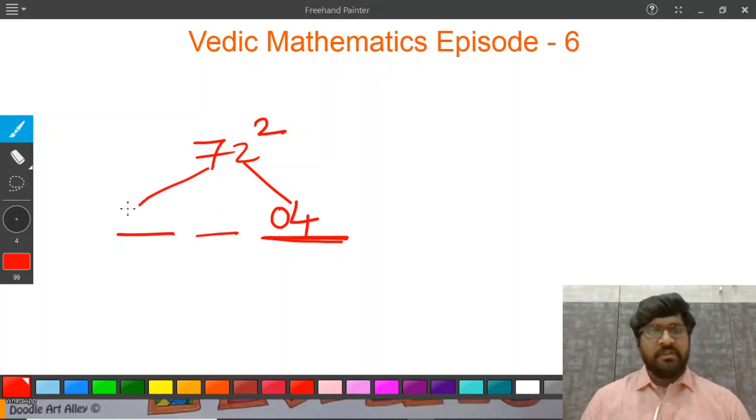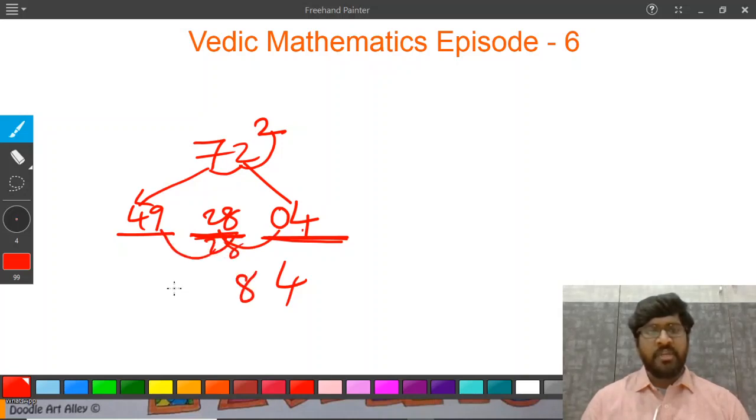Next 7 square 49. Now in the middle place, I have to write 2ab, 7 twos 14, into 2, 28. So 4 here, 0 carry, 28 plus 0 again 28, 8 here, 2 carry, 49 plus 2, 51. So the answer is 5184. That is 72 square.